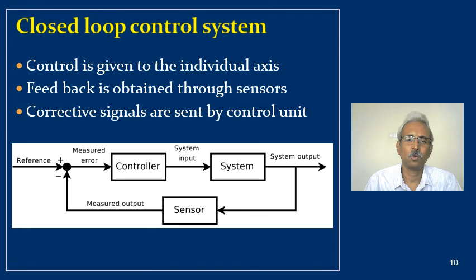The output of the sensor is compared with the reference signal, and an error is found. The error could be plus or minus, as I told you, if it is 29.5 or 30.5, right? Now the error is measured and the corrective signal is sent back, so that finally the system output gives me the exact movement. So this is a closed loop control system.